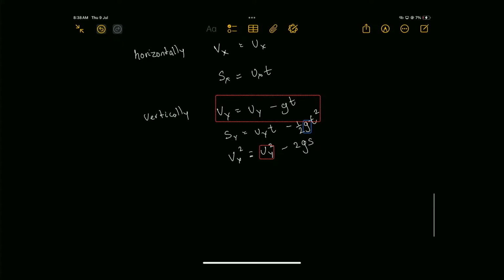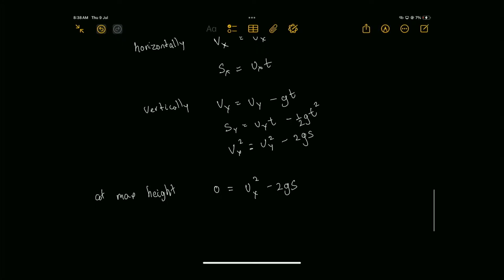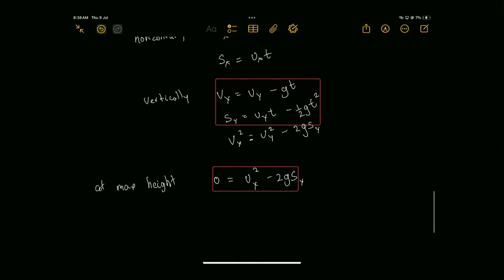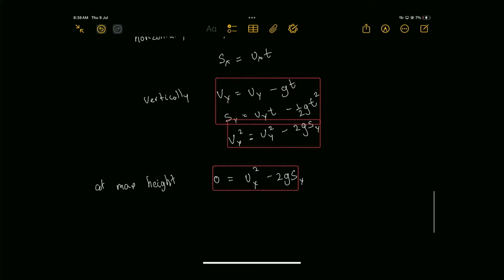In the third equation, Vy would be equal to 0. So 0 is equal to Uy squared minus 2gs. So the maximum height, this should be Sy, right? So the maximum height would be Sy.